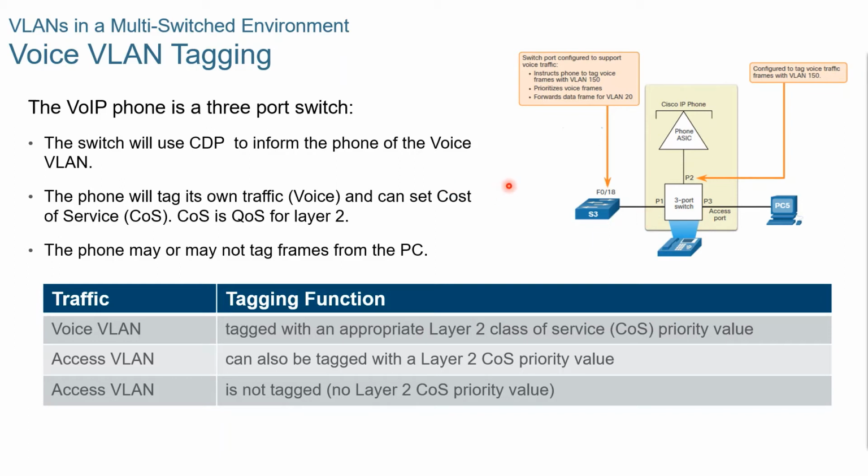Now in the figure, the student computer, which is PC5 here, is attached to a Cisco IP phone, and the phone is attached to switch 3, or S3. Now VLAN 150 is designed to carry voice traffic, while PC5 is in VLAN 20, which is used for student data.